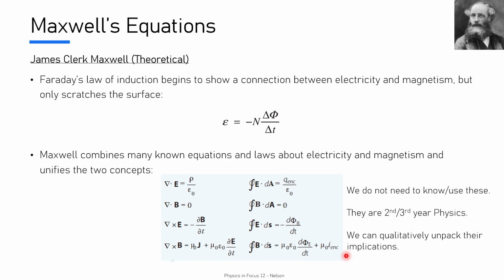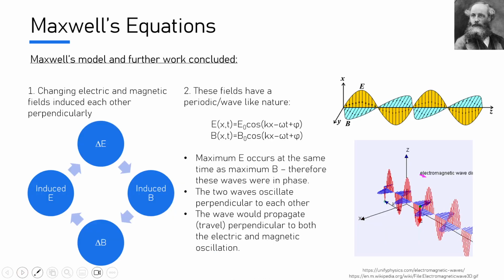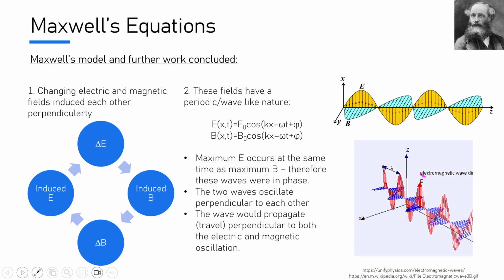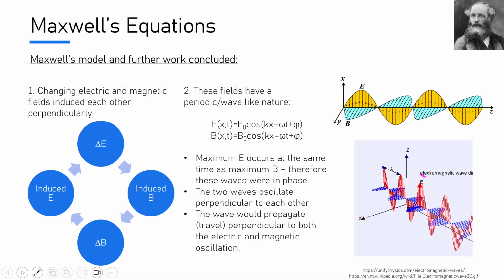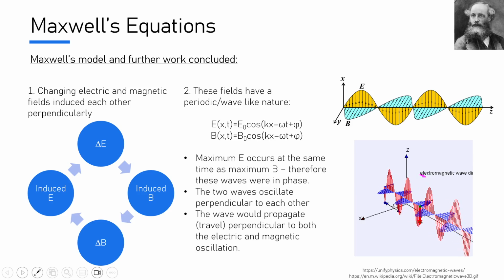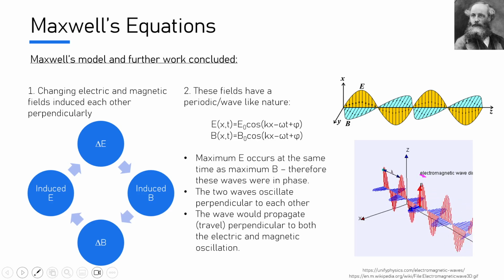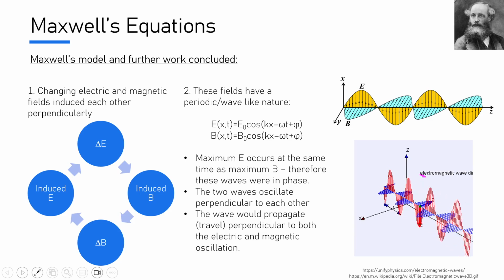But again, we will look at them in a little bit more detail during class. So these equations build a model that helps to describe the interactions and behaviors of electricity and magnetism. This model, these equations, and further work from there led to a few conclusions which are pivotal in understanding electromagnetism and light.